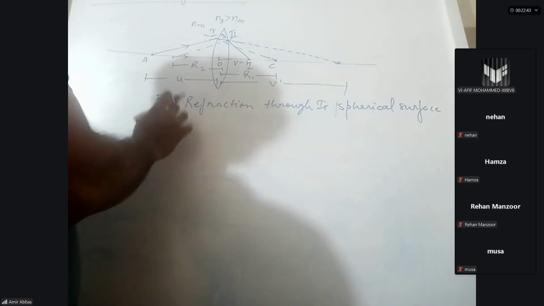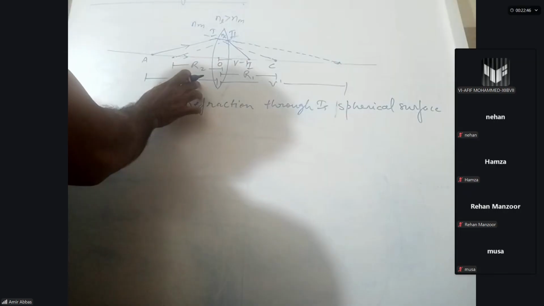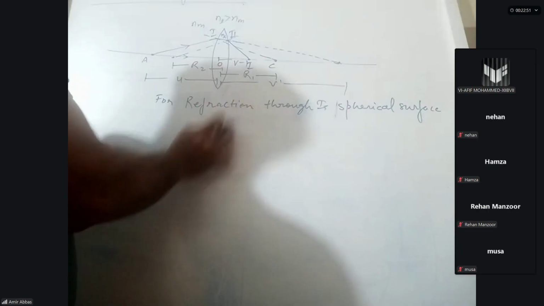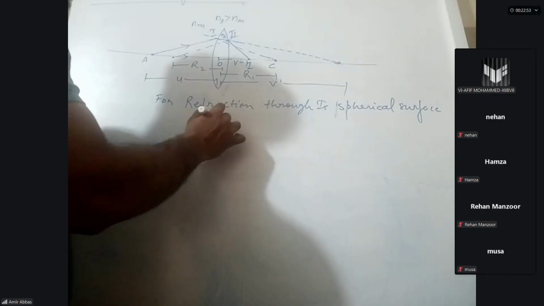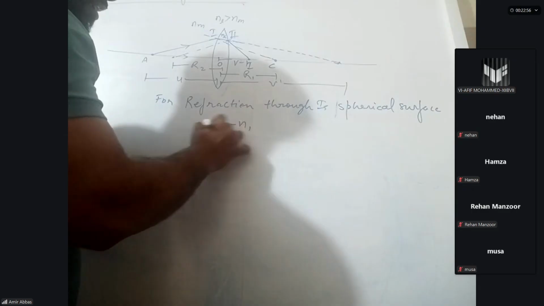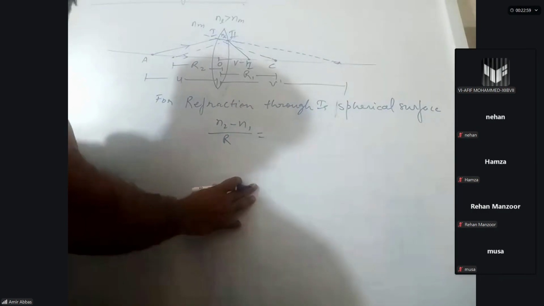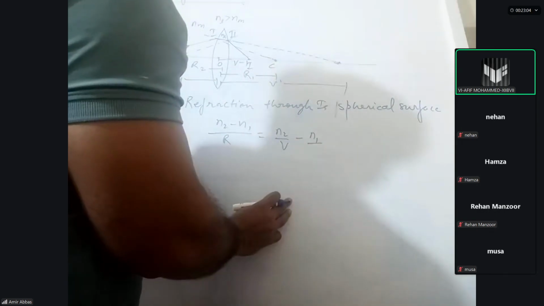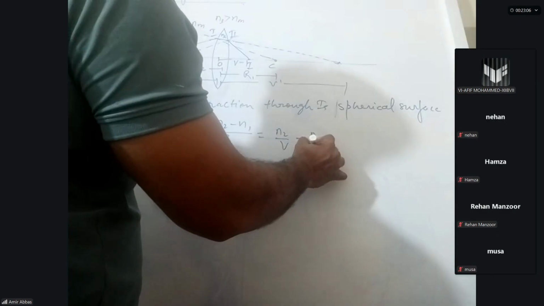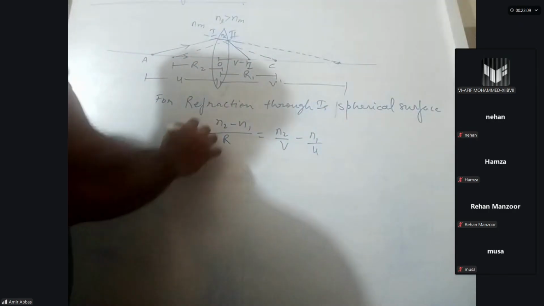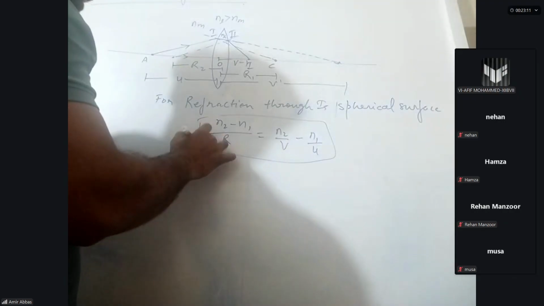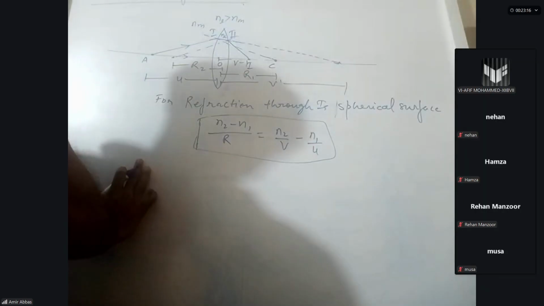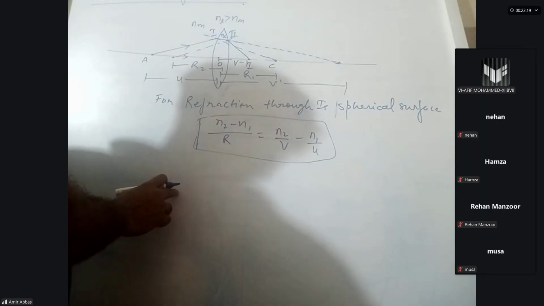What do we need to write? If you see, this is the object distance. What R do we need to take for the first spherical surface, R1 or R2? What was the formula? The formula was N2 minus N1 upon R equals N2 upon V minus N1 upon U. If we use this formula, where the image gets formed, what can we write for the first spherical surface? Which R do we need to take?